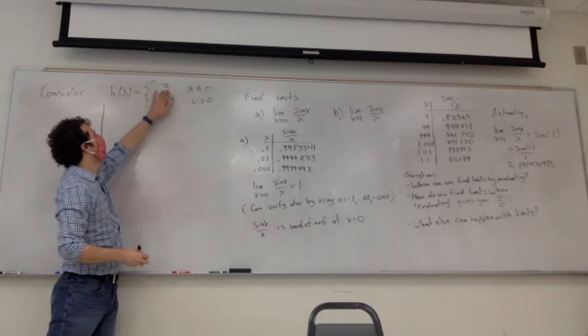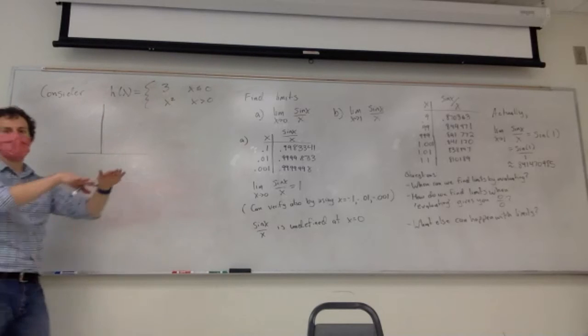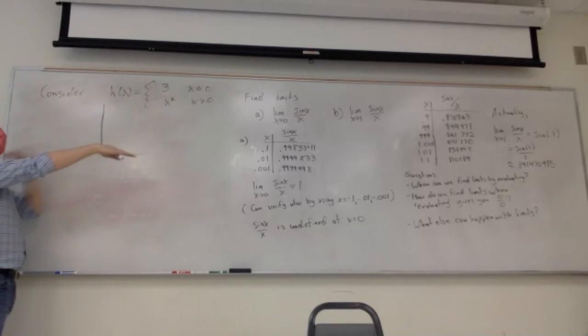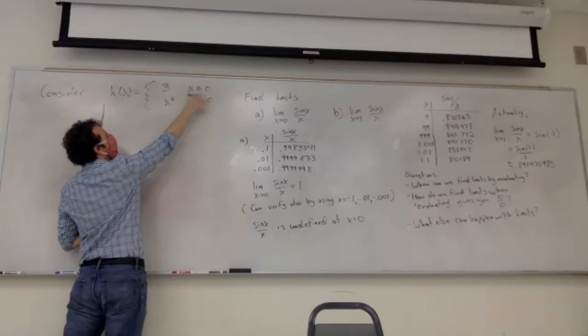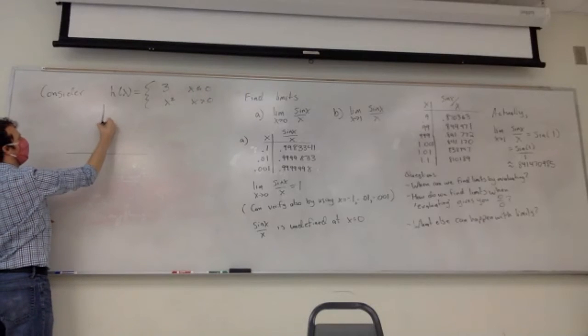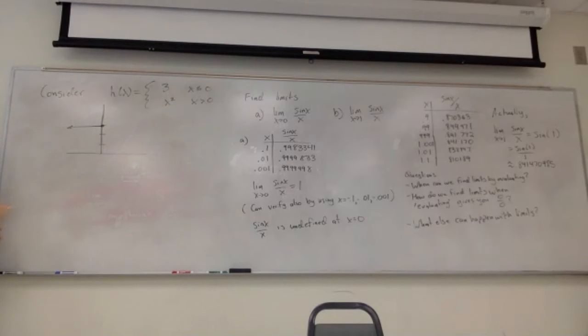Well, on the left half, when a function is constant 3, that means it's a horizontal line up at height 3. And so we're using a horizontal line up at 3, starting at 0 and then going left. So the left half of our function looks like this, just a flat line at height 3.